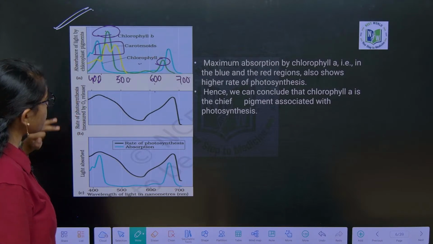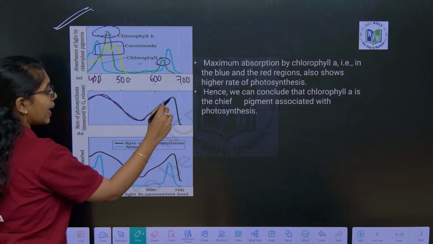In the action spectra, only chlorophyll A peaks are shown.